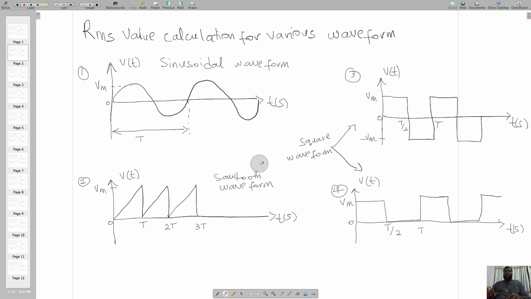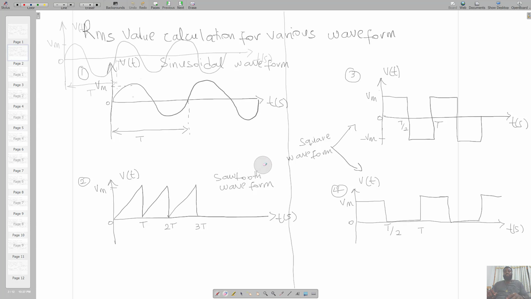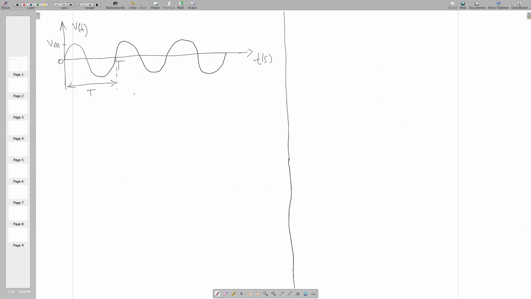Let's start. So we will start with finding the RMS value for this sine wave. The formula for finding the RMS value of a wave is this: 1 over T, integrating from 0 to T, the function squared.